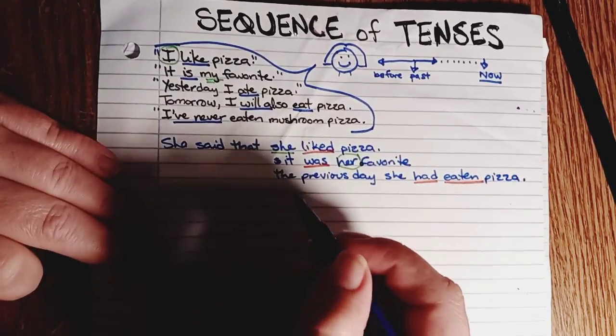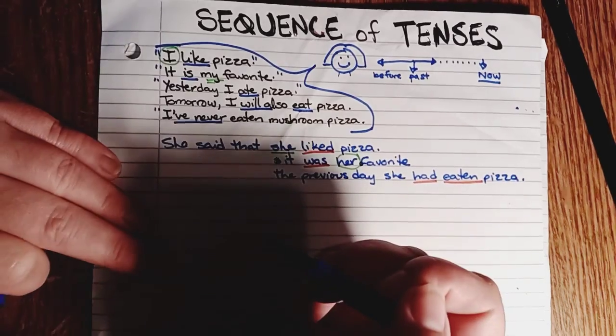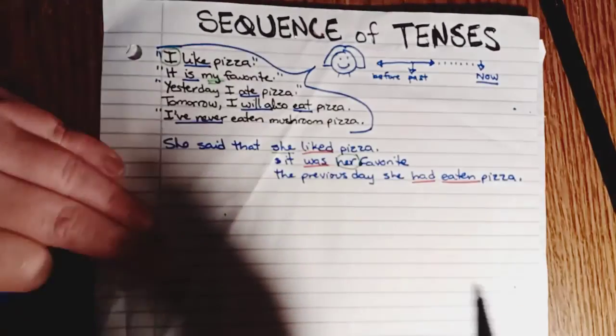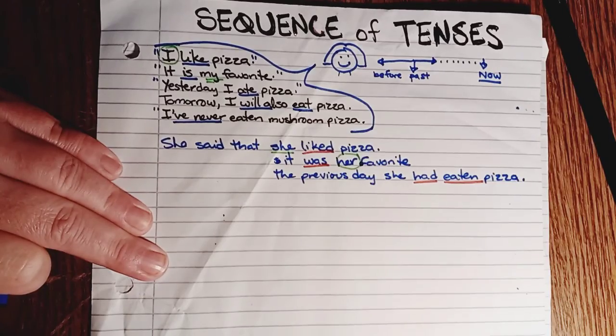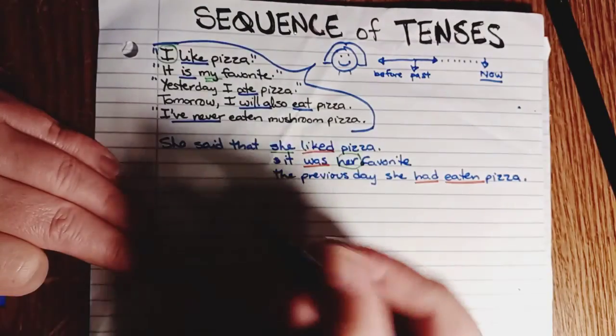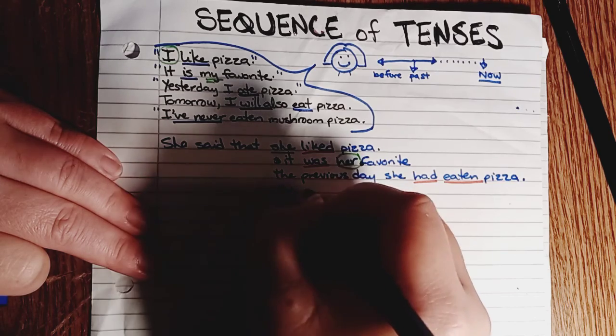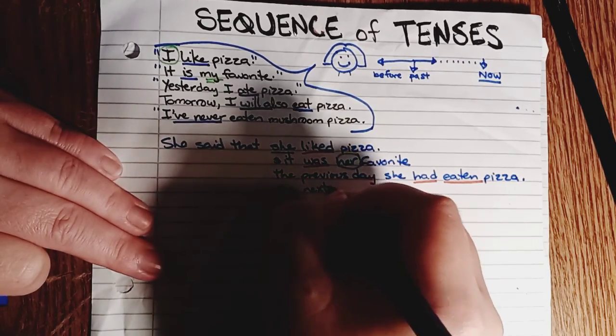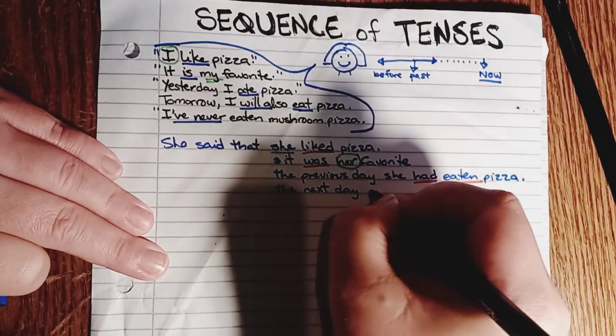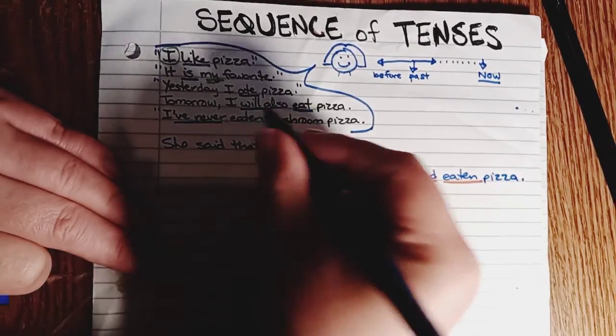Tomorrow she said, I will also eat pizza. Now tomorrow again is not our tomorrow right now when we are reporting. It's the tomorrow of when she said it. So it would be the following day or the next day. The next day she would also eat pizza.